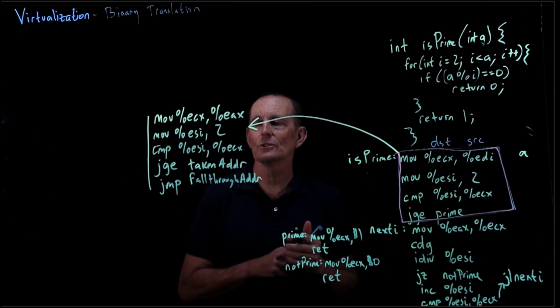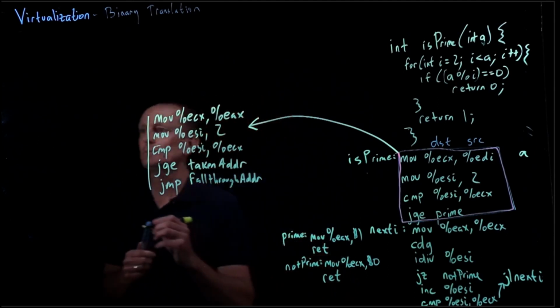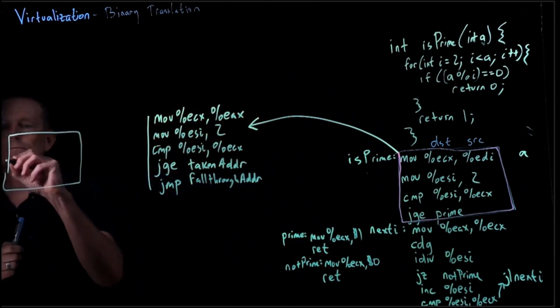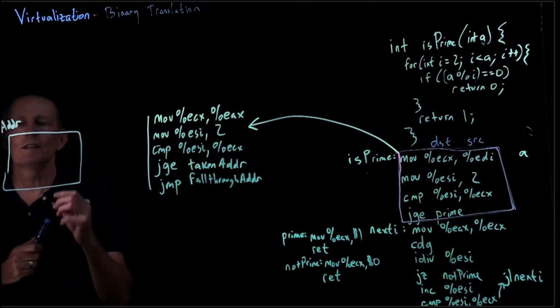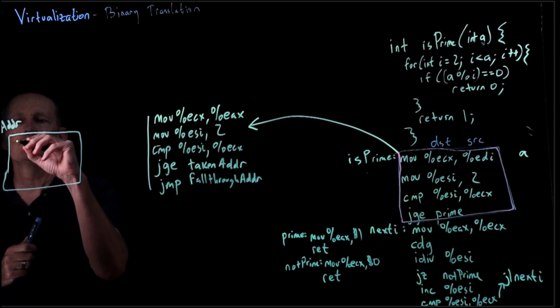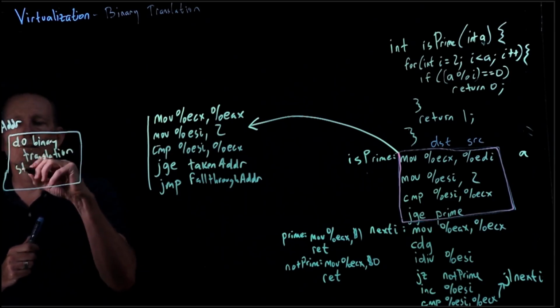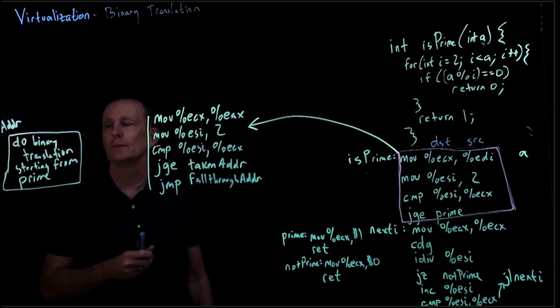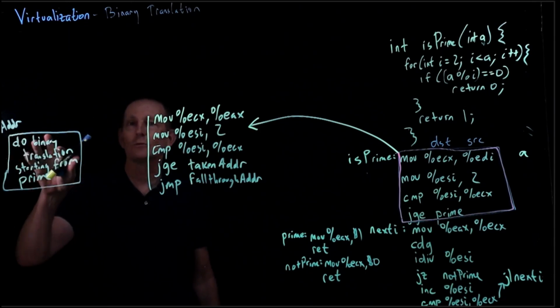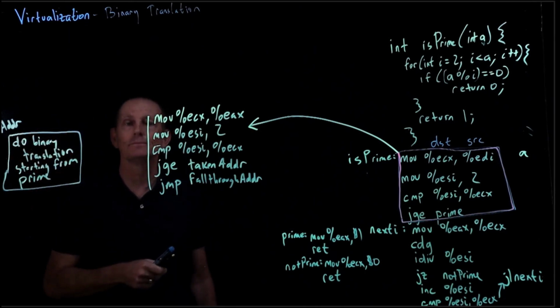So what we're going to do is take an address that is going to be some code that basically says do binary translation starting from prime. Once we've done the binary translation starting from prime, we'll replace this with the actual binary translation of prime.